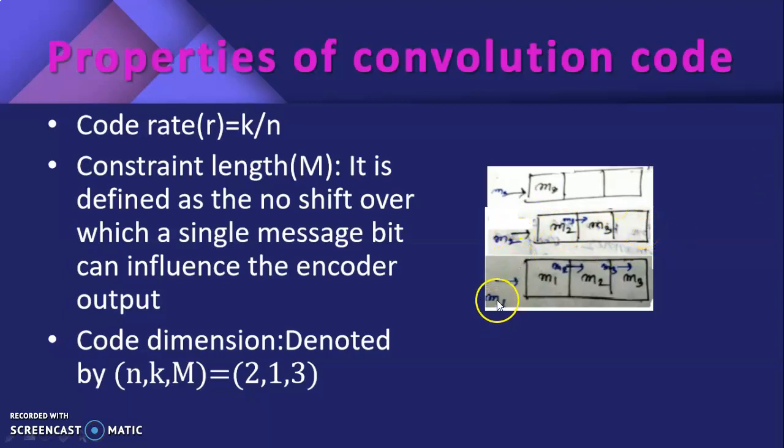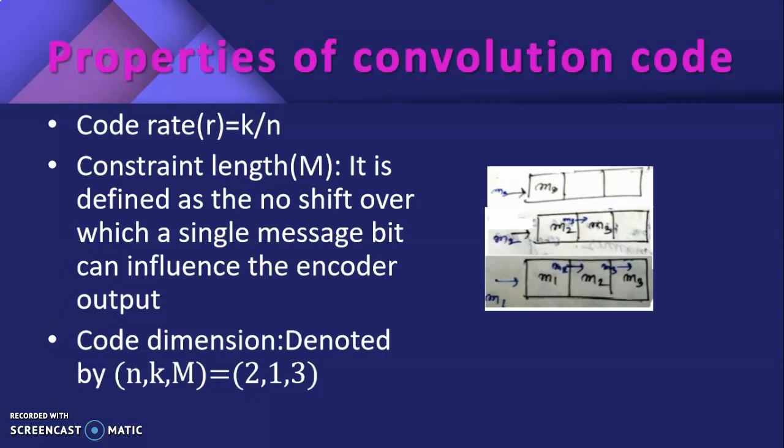And lastly, when the third input enters the shift register, the second bit is shifted to the second location and the first is shifted to the third location. For this, another output will be created. Whenever an input is entered into the encoder, the output is consequently changed.